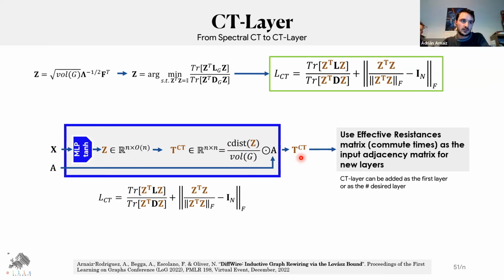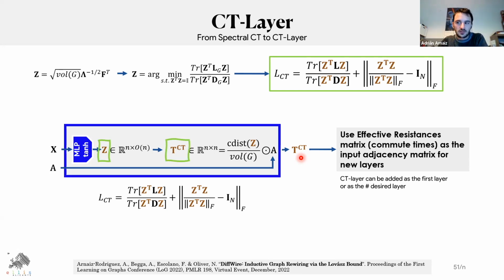And it's also interesting that you can use it as the first layer, but you also can use it as the third layer or whatever, because it's just like another layer. It's pooling from the feature space to the commute times space. So we are going to be looking at these two terms that are the important ones, the commute times embedding and the commute times distance, especially in this layer.